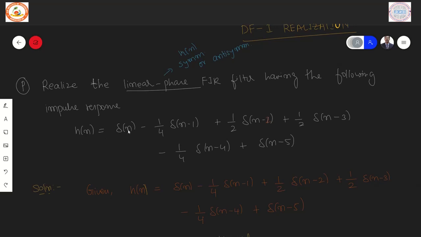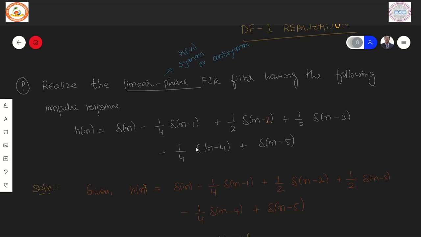Now we can easily count and see that the length of this impulse response is 6. We have 6 points, so it is found from n between 0 and 5. So the length here is even. Except for the value at the origin, the remaining points exhibit symmetry.